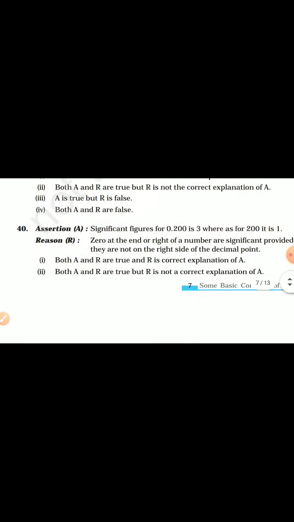And here we have to see the statements. A is true but R is false. R, that is, zeros at the end or right of the number are significant, ये जो है वो wrong है.